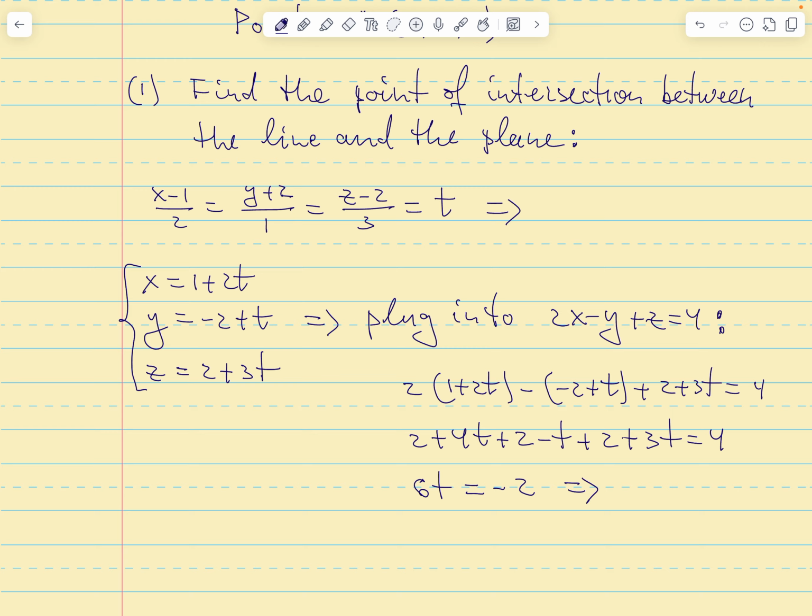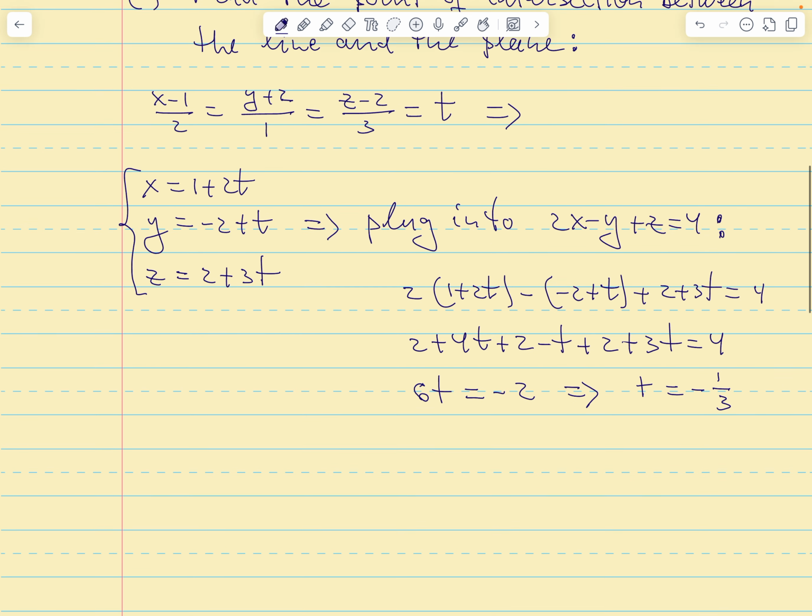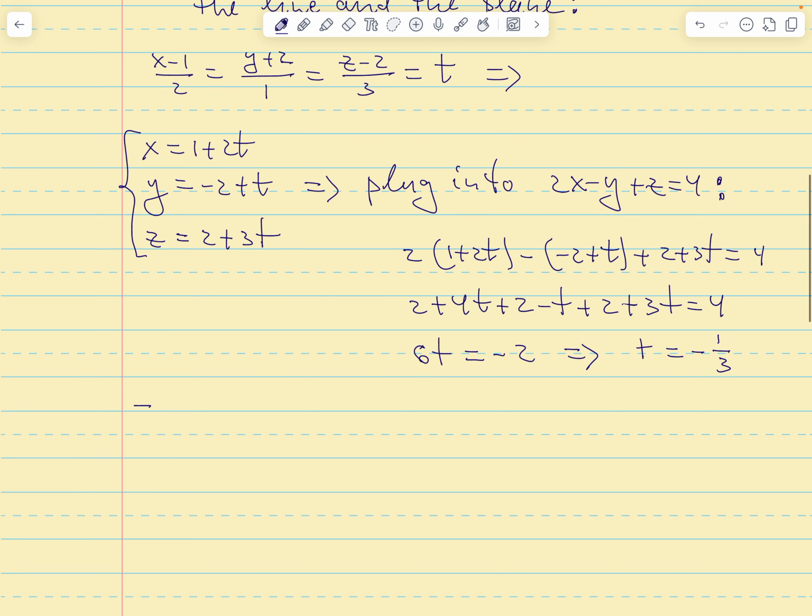And so the particle crosses a plane when t is minus 2/6 or minus 1/3. And so therefore the point that I'm looking for, the point of intersection, I'm going to get by taking this value of t and stuffing it into the parametric equation of a line.